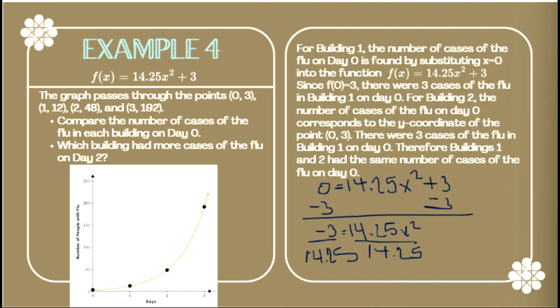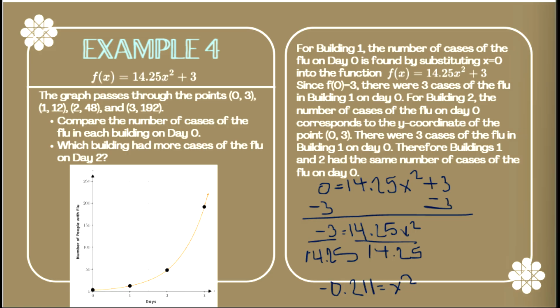We have 3 divided by 14.25 is going to give us negative 0.211, we'll say. So a negative 0.211 equals x squared. So now we're going to take the square root of each side.